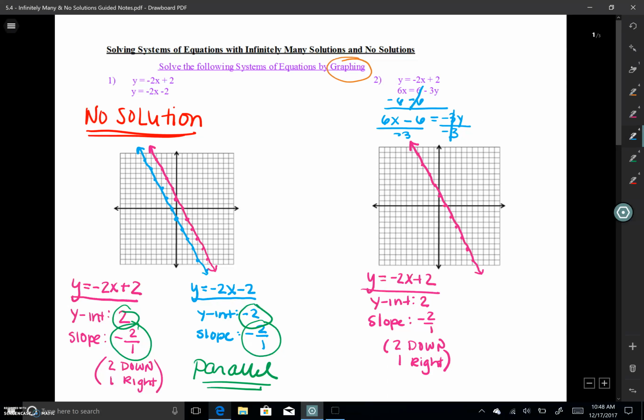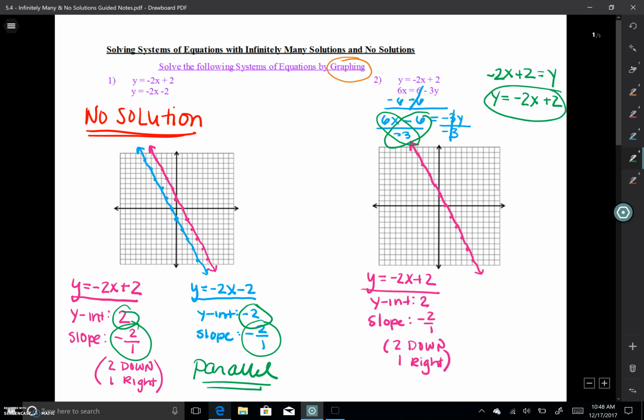These will cancel. Positive 6x divided by negative 3 will give me a negative 2x. Negative 6 divided by negative 3 will give me a positive 2, and then I'm just left with the y on the right side. So I'm going to rewrite this so it looks like y equals mx plus b, and I get y equals negative 2x plus 2.